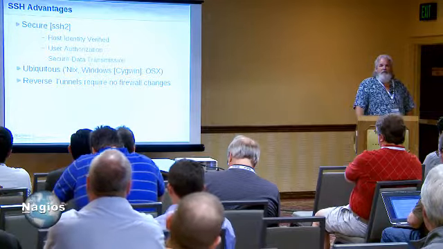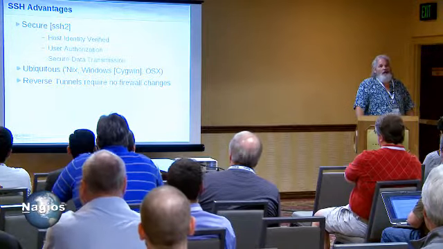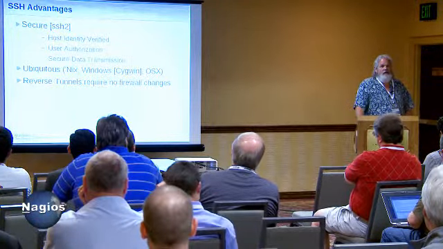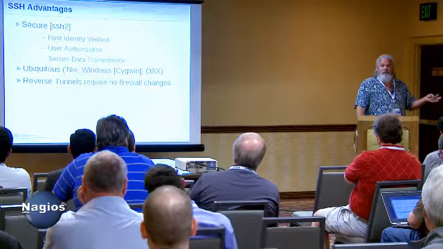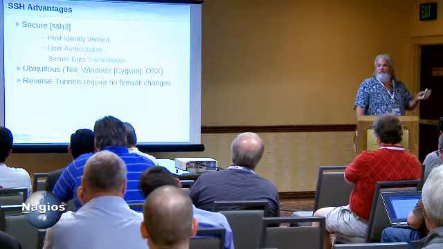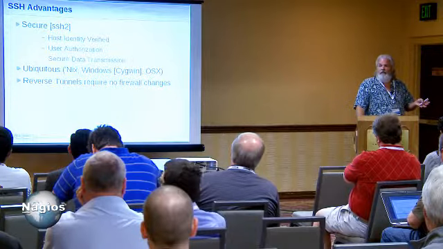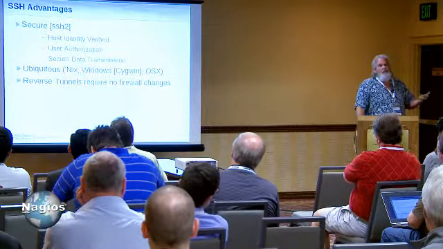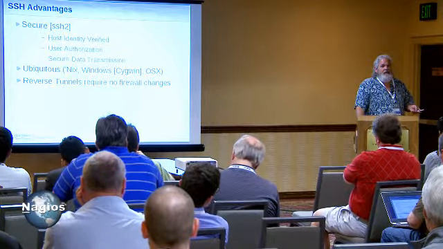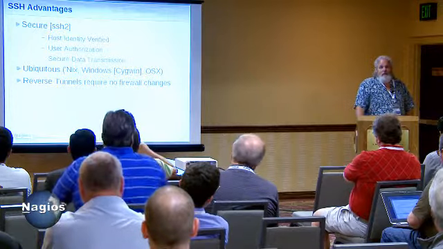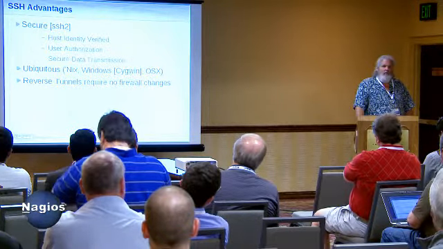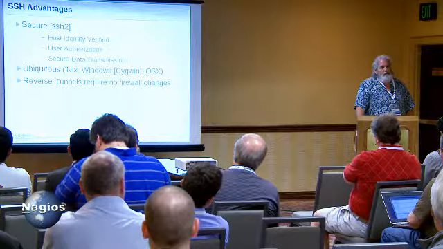The biggest thing about that reverse tunnel is it requires no firewall change whatsoever, assuming you have unrestricted outbound access, which is usually not a big deal. If you do have restricted outbound access, another trick that I've used in other installations is to run it on port 443.